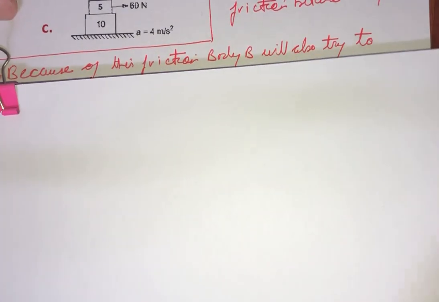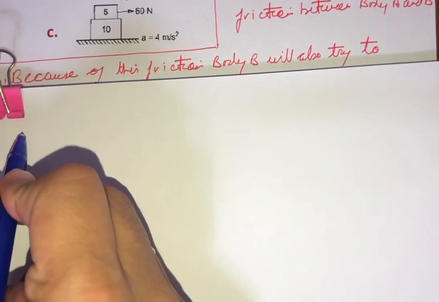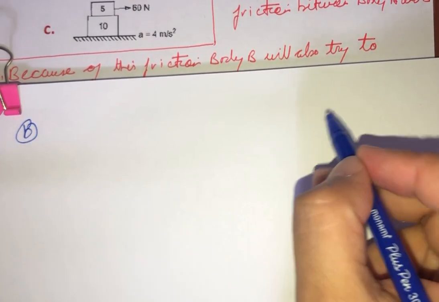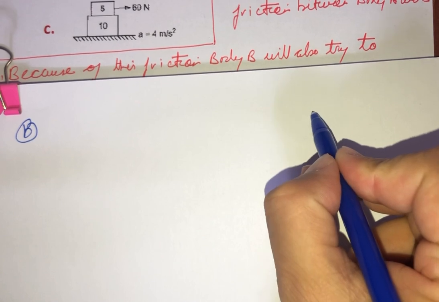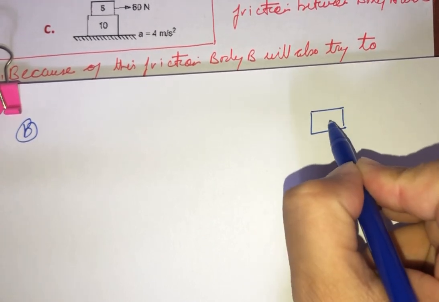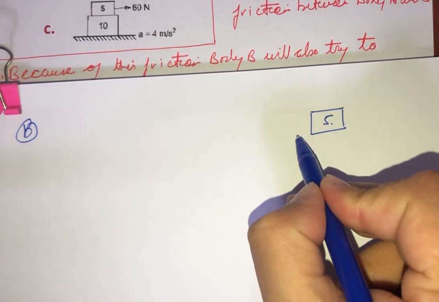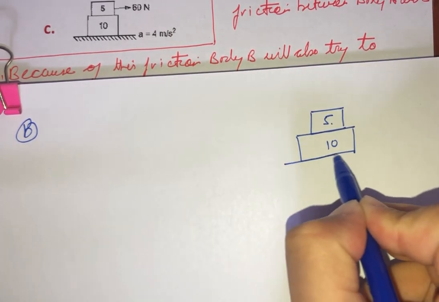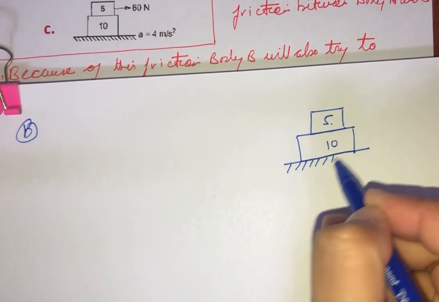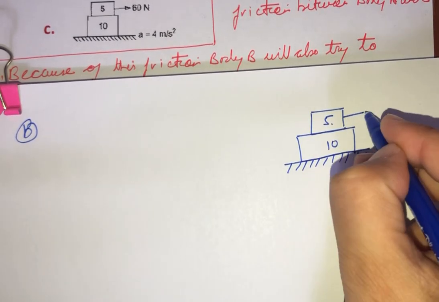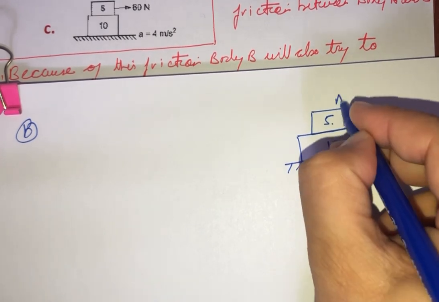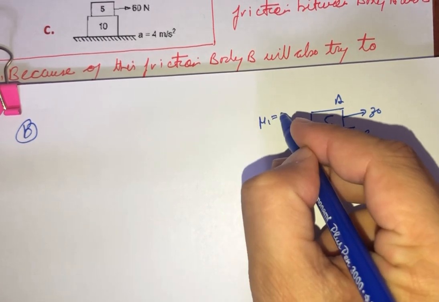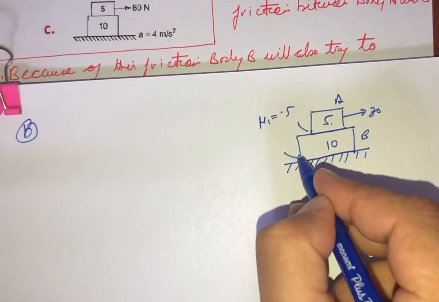Okay, the second part, B part. It's given that this is 5, this is 10, and a force of 30 Newton, this is block A, this is block B, and we have mu1 of 0.5, and this surface is smooth.